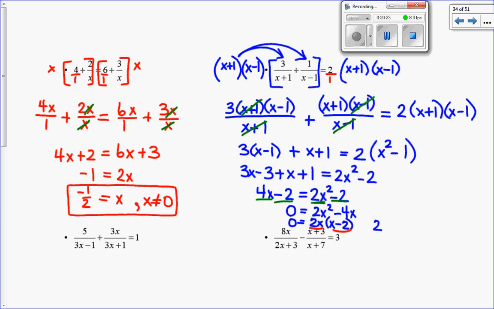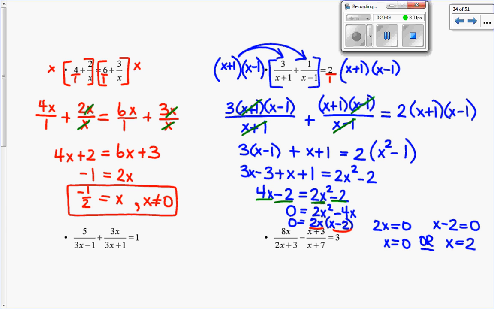So 2x is either equal to 0 or x minus 2 is equal to 0. I'm going to divide by 2, so 0 divided by 2 is still 0, and x minus 2, if I add 2 to both sides, x is 2. Okay, so I've got two possible solutions. Either x is 0 or x is 2.